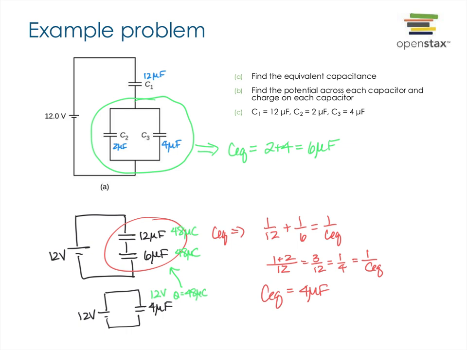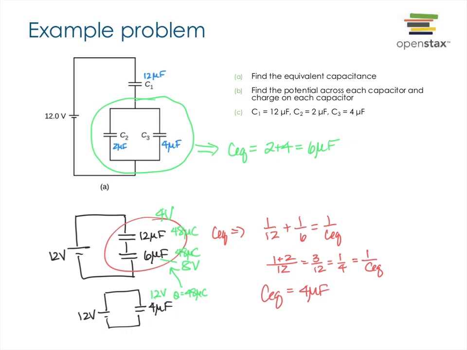And then I can use that to find the voltage across each of them, which is going to be the charge divided by the capacitance. So this one is going to be 4 volts. This one's going to be 8 volts. Notice that 8 plus 4 adds up to be 12.